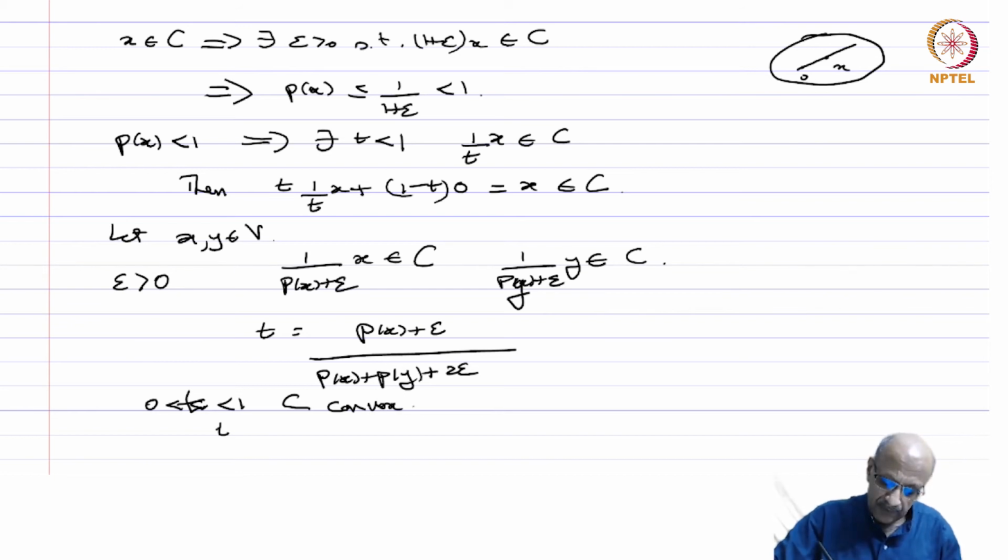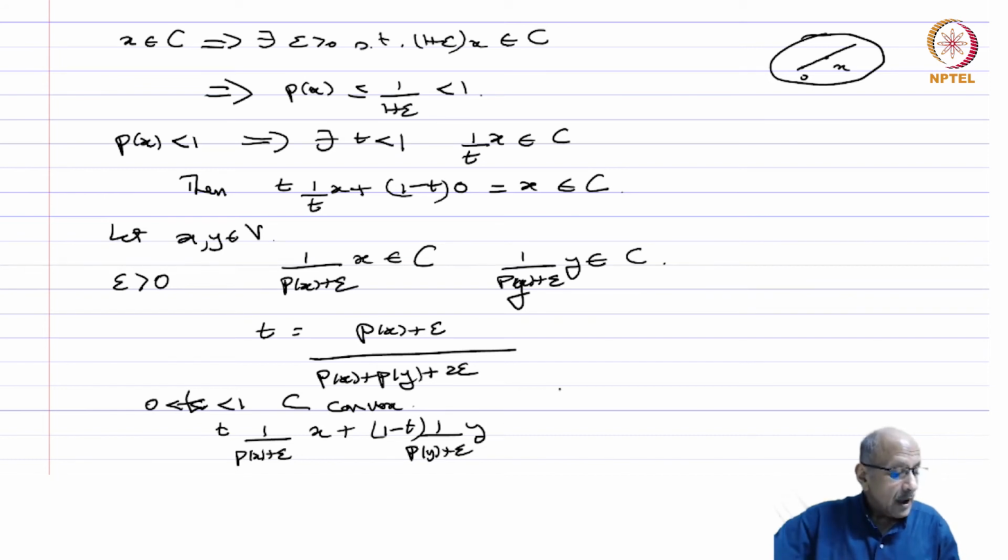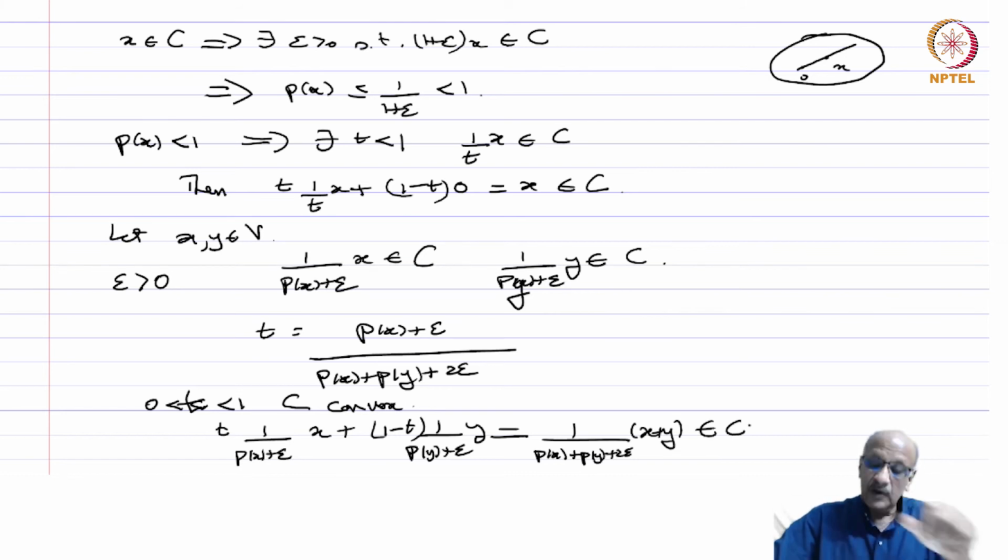Therefore, T times 1 by Px plus epsilon times x plus 1 minus T times 1 by Py plus epsilon times y, and this, if you do the calculation, is nothing but 1 by Px plus Py plus 2 epsilon times x plus y, and this has to belong to C because of the convexity.